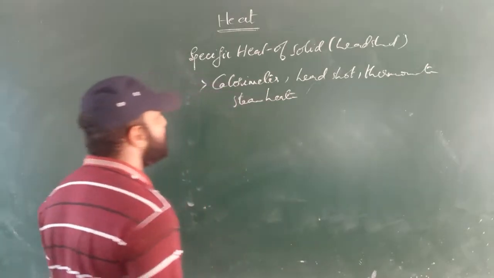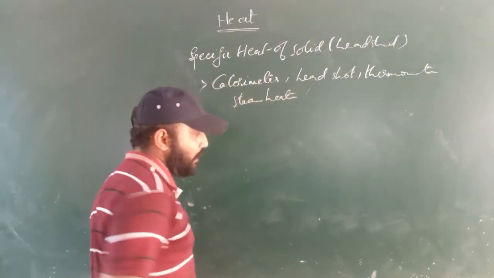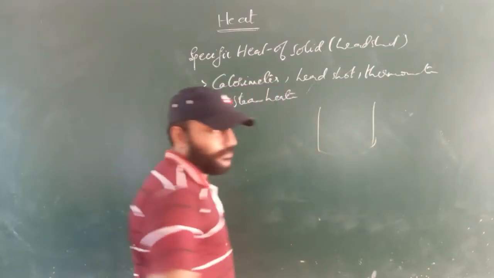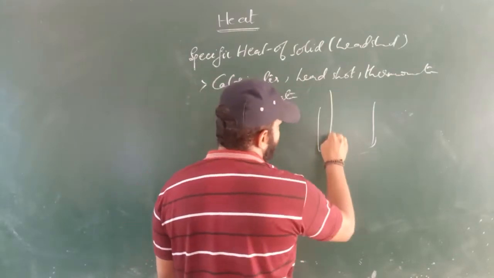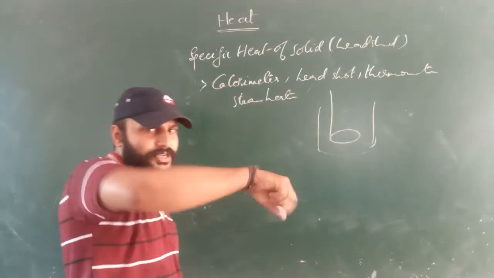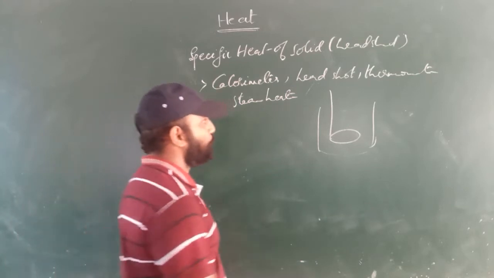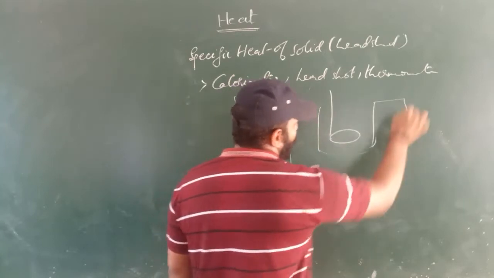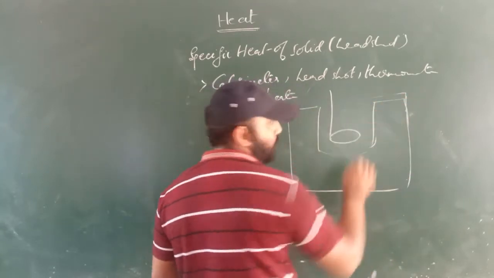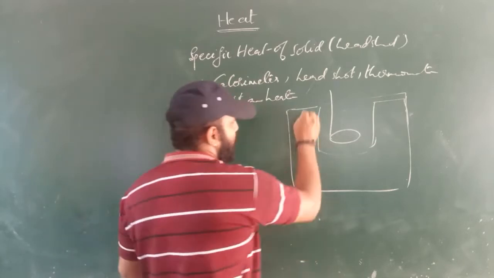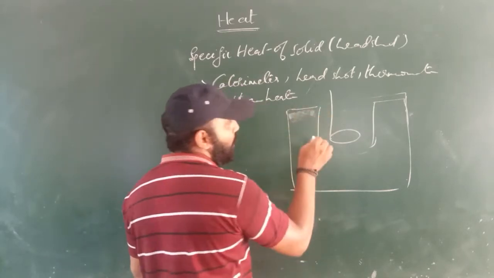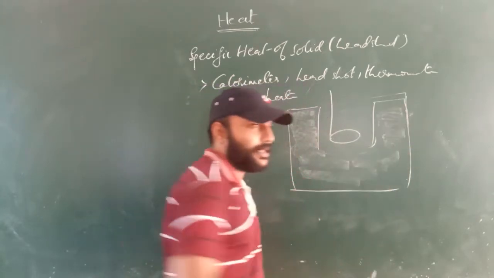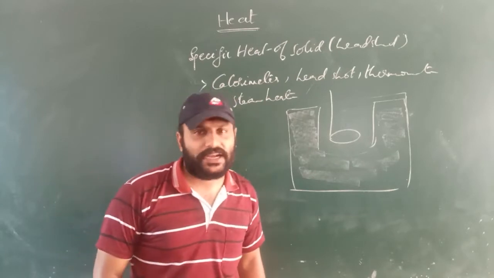So here, what are the specifications of a calorimeter? We take one cylindrical copper vessel. Into the cylindrical copper vessel we place one stirrer to stir the liquid mixture. Now this cylindrical copper vessel is enclosed by a wooden box, and the gap between the copper vessel and the wooden box is filled with thermal insulating material.